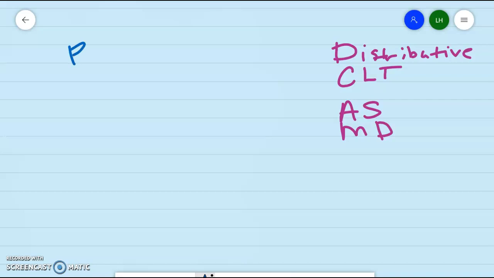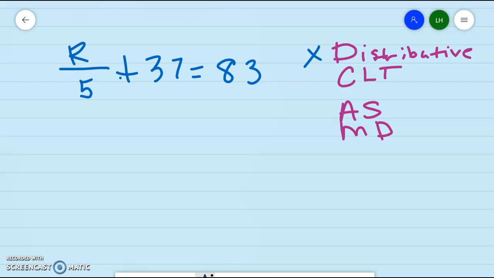We have r divided by 5 plus 37 equals 83. Let me rewrite that. All right, so here, do we have distributive? We don't have parentheses. We don't have any like terms that we can combine that are on the same side.